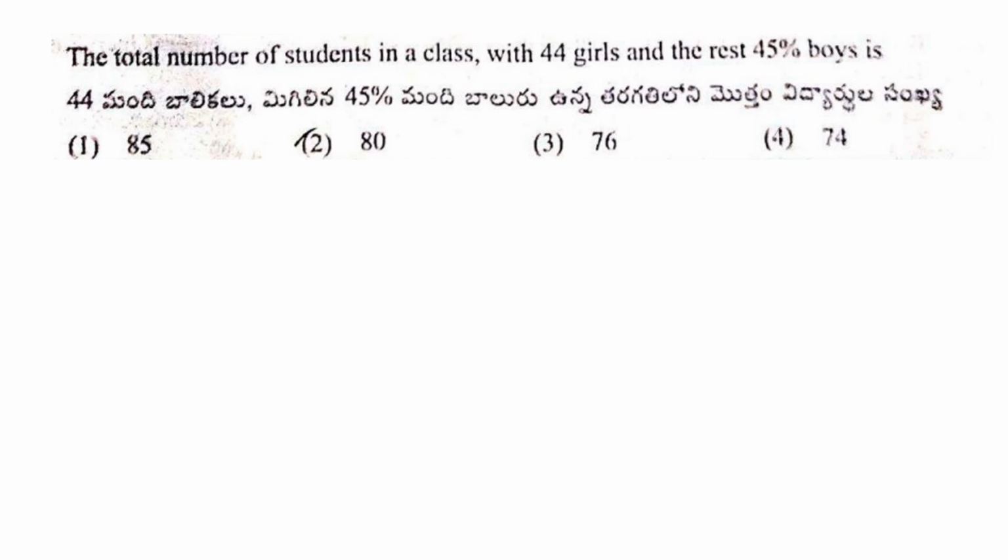The total number of students in a class. If it says total number of students, we can take it as 100%. 100% means total. Whatever the question, just take it as 100%. Already I told you. With 44% girls and 45% boys, what does it mean?